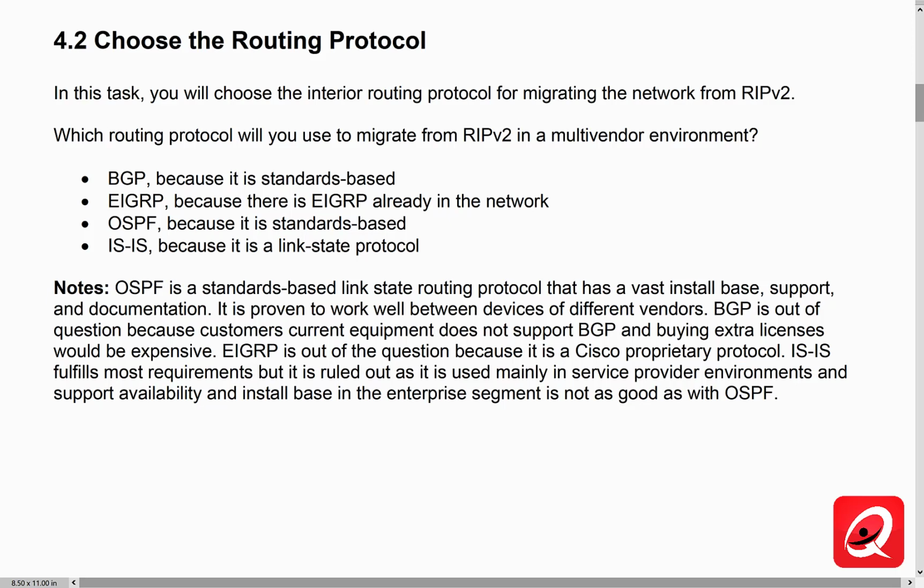IS-IS does fulfill most of the requirements, but it was actually ruled out as a protocol because it's mainly used in service provider environments, and support availability and install base in the enterprise network is not as good as it is with OSPF. All right. So that's what we chose based on that.